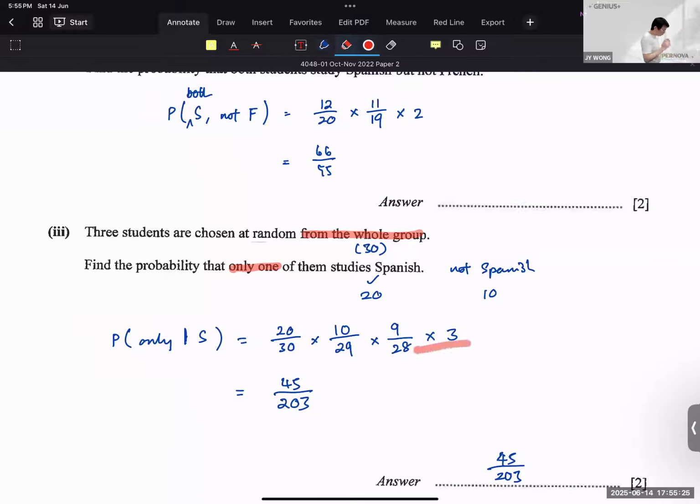This one, don't ever get confused. There will always be 3 possible scenarios, because the student who studies Spanish can be any of the three. The only one that is a little bit complicated is when you have to put 2 of them together, they are the same.